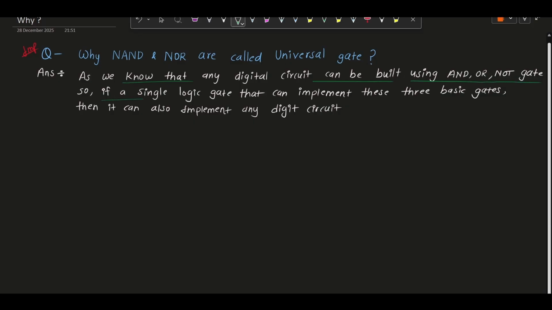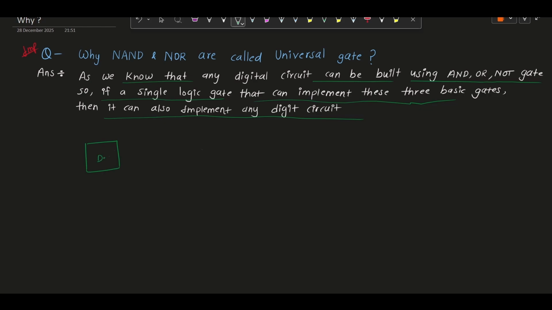So if there is a single logic gate that can implement these three basic gates, then we can say that it can also implement any digital circuit, correct? Meaning, let's say this is one digital circuit.